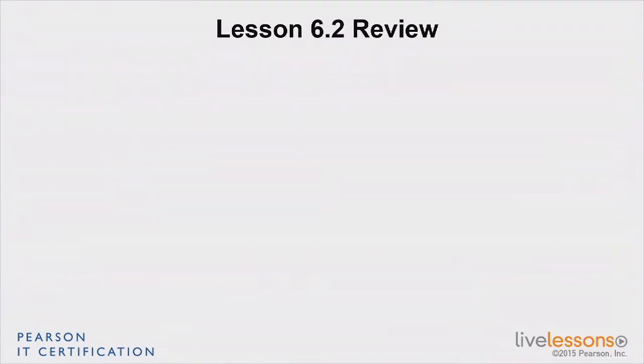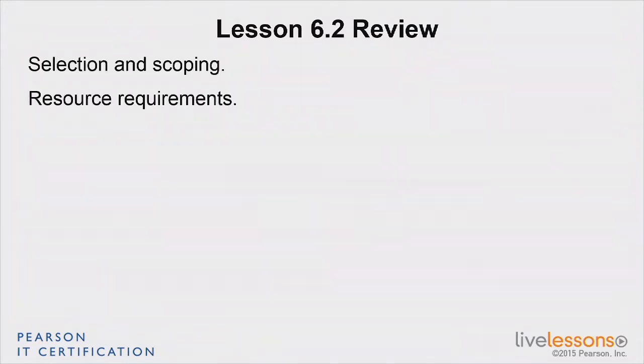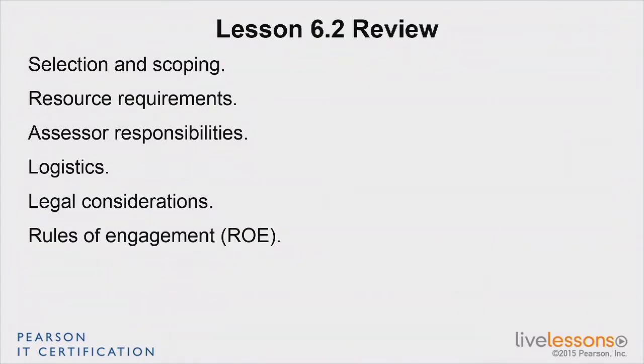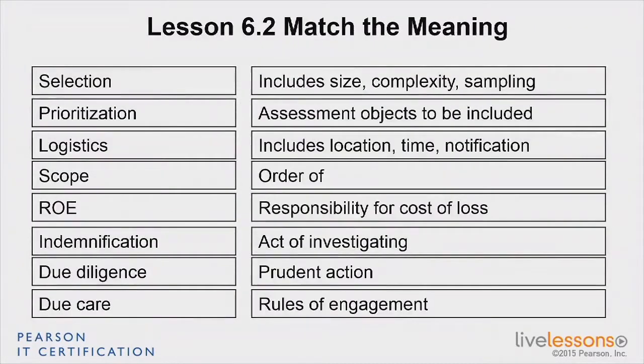So let's review Lesson 6.2. We talked about selection and scoping, the resource requirements, assessor responsibilities, logistics, our legal considerations, and our Rules of Engagement document. So that's going to bring us to our Match the Meaning for Lesson 6.2.